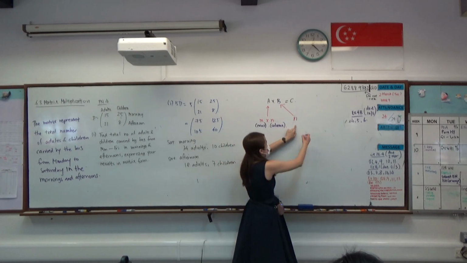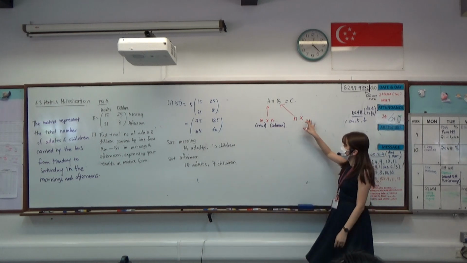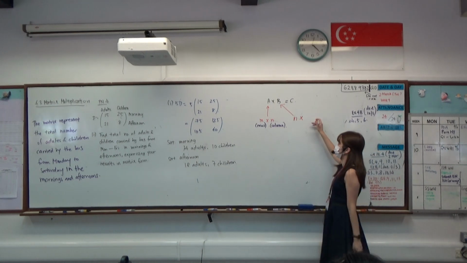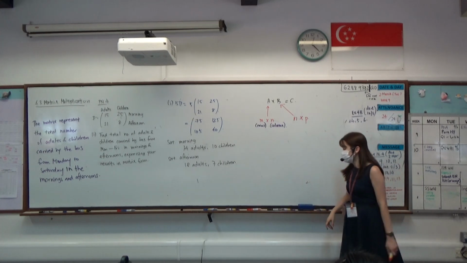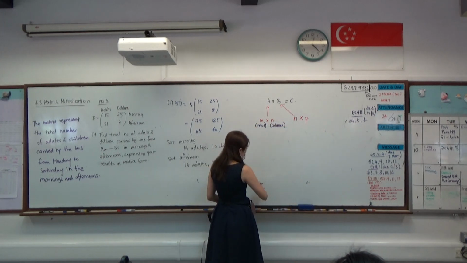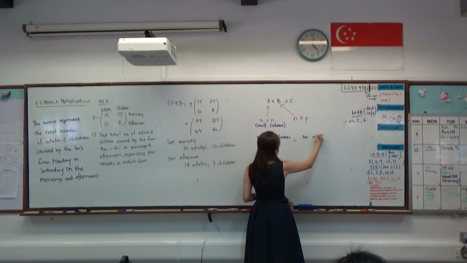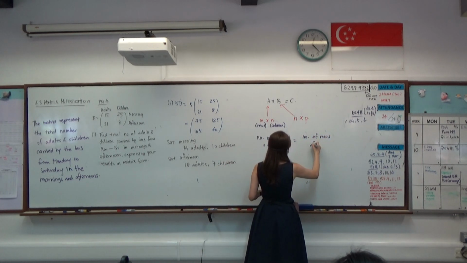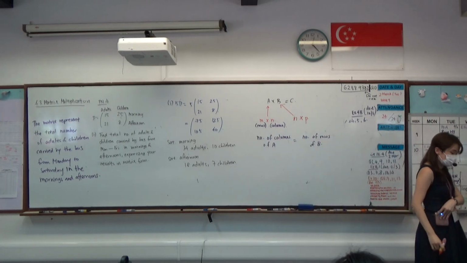The number of columns of B can be any other number, so let's say P. One very crucial thing about matrix multiplication is that the number of columns of A must be equal to the number of rows of B. So that's the first thing that you must check.